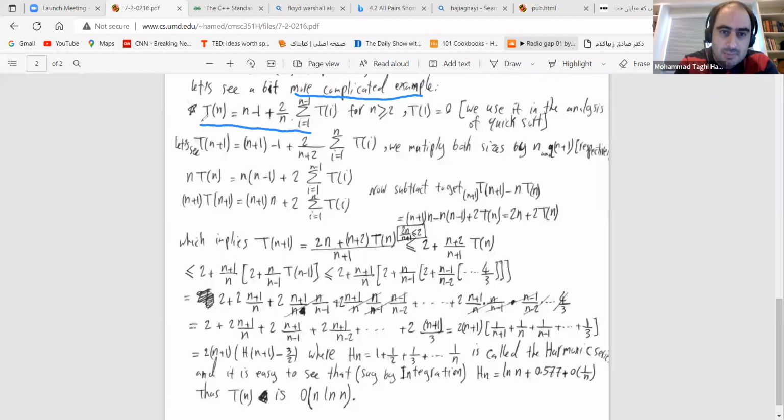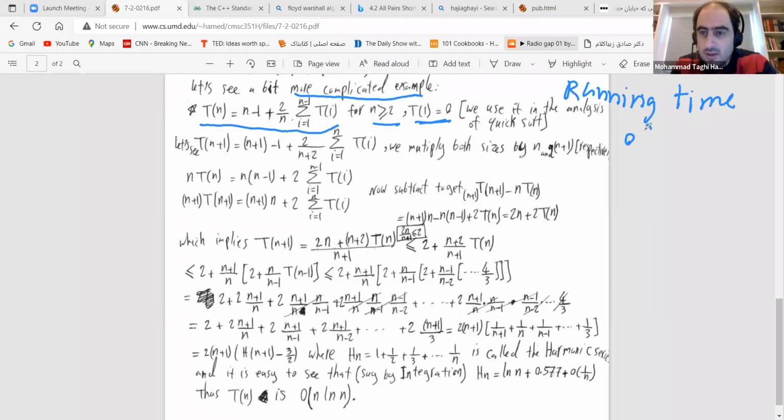T of n is equal to n minus 1 plus 2 over n times the sum over i equal to 1 to n minus 1 of T of i, for n greater than or equal to 2. Of course, we need to have the base case, which is T of 1 equal to 0. And this is the running time of quicksort.